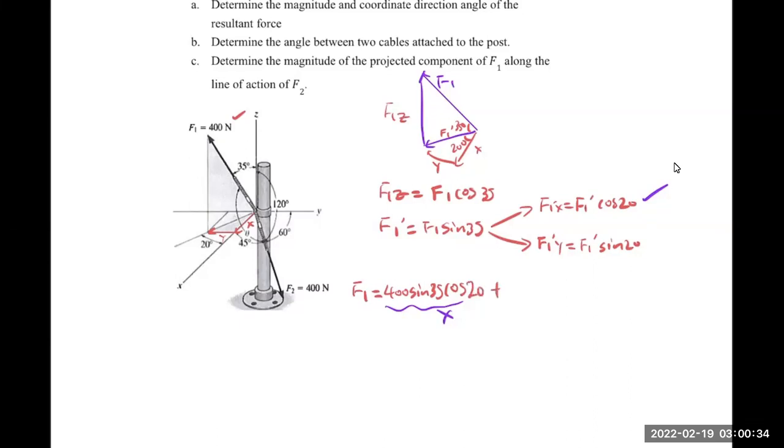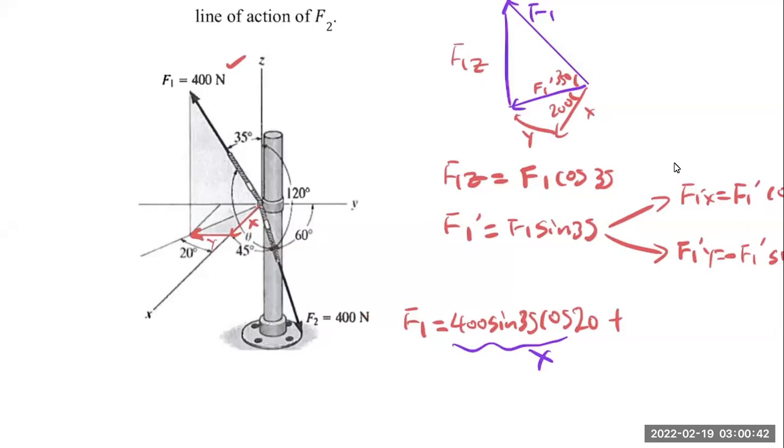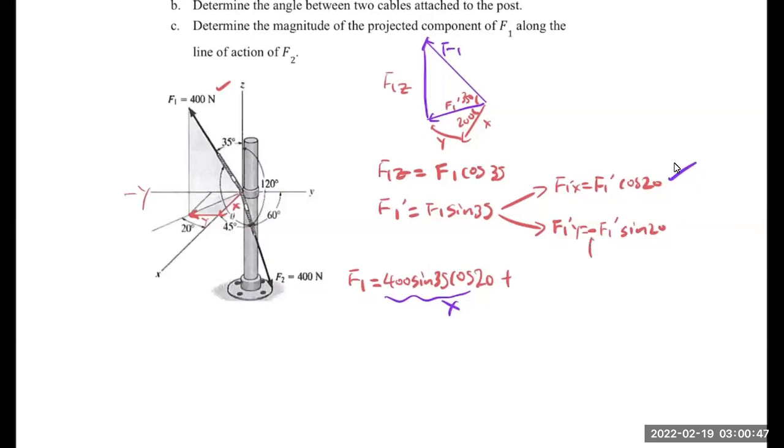Plus, this one should be negative, because as you can see from this image, Y is going in the negative Y direction. So minus 400 sine of 35 sine of 20, and then plus my F1Z, which is 400 cosine of 35.